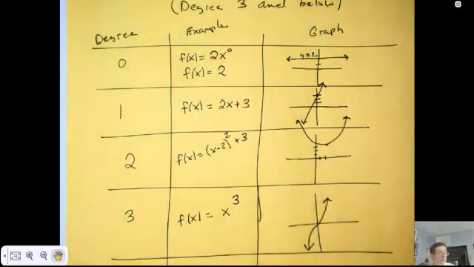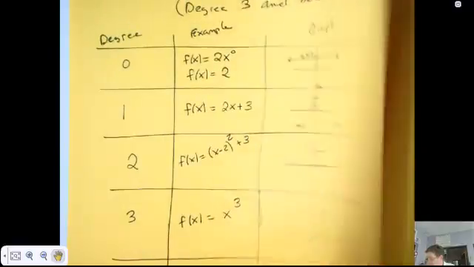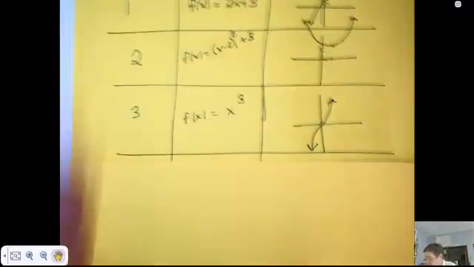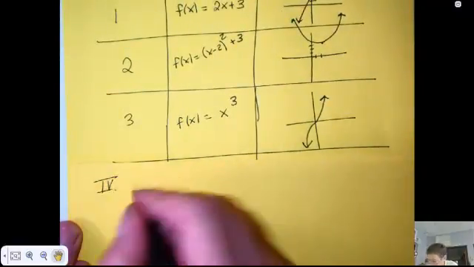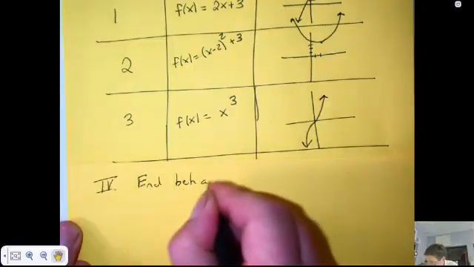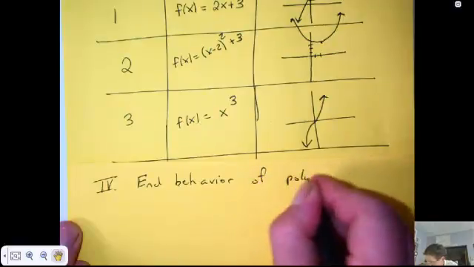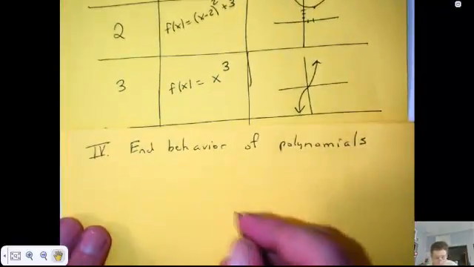Okay, so let's look at one of the key things. I think that second hour, you guys did this last year, but let's talk about the end behavior of polynomials.